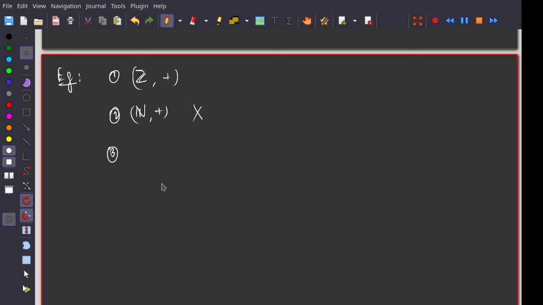And what is the operation? Multiplication. The set of all square matrices under matrix multiplication. Every square matrix must be invertible.